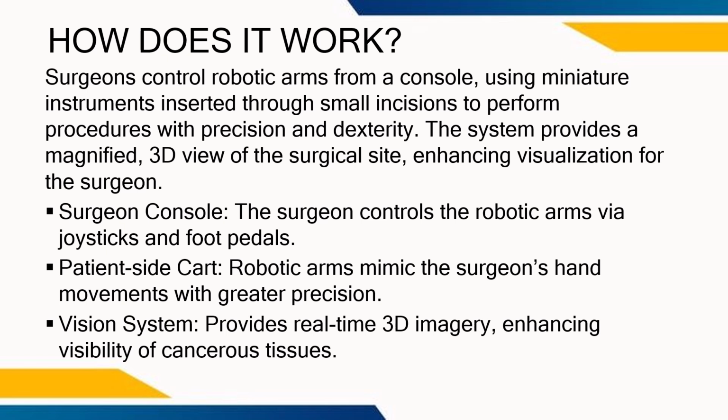The surgeon console is the first part, where the surgeon controls the robotic arms via joystick and foot pedals. Next is the patient side cart, where robotic arms mimic the surgeon's hand movements with greater precision. Next is the vision system, which provides real-time 3D imagery enhancing visibility of cancerous tissue. In the next picture, I'm going to show how it looks.